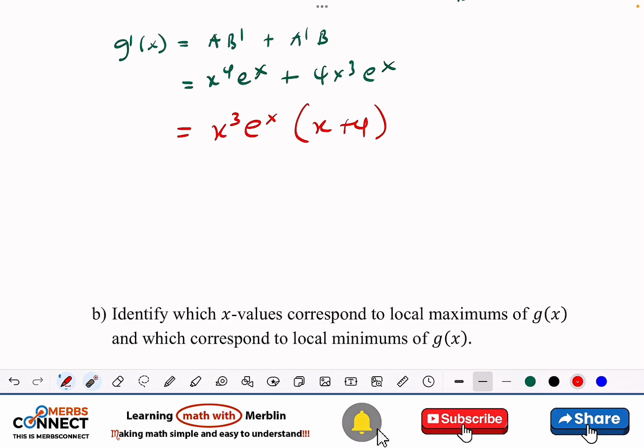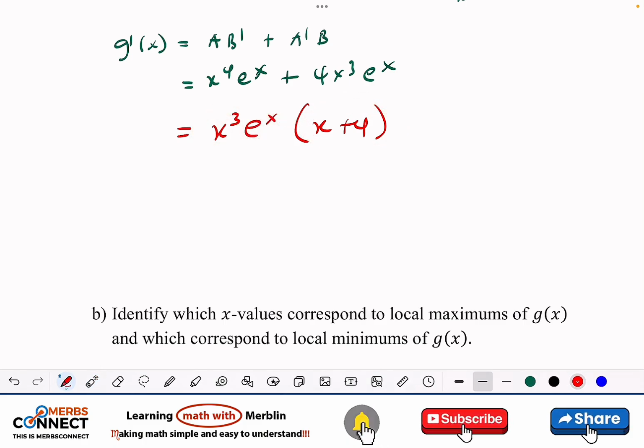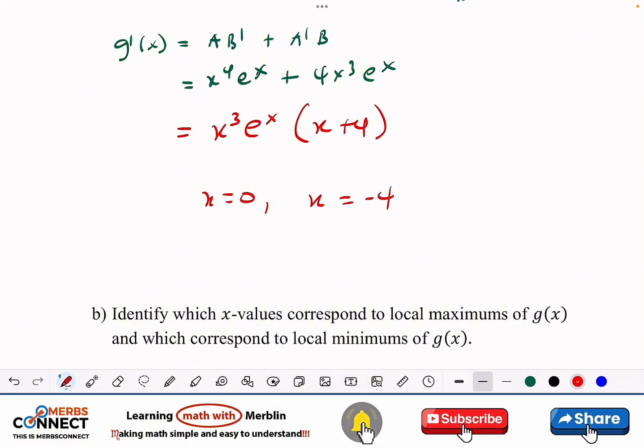So anytime you have a function like this, don't mind this guy here, okay? Just mind this guy and this guy. So we are picking when x is equal to 0, you will see that this will go to 0 because when I put 0 here, boom, 0. When x is minus 4, this one too, boom, 0. But you can also see it this way. x to the power 3 e to the power x, x plus 4 should be equal to 0, right?